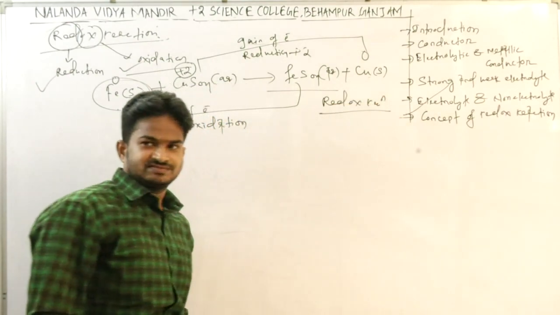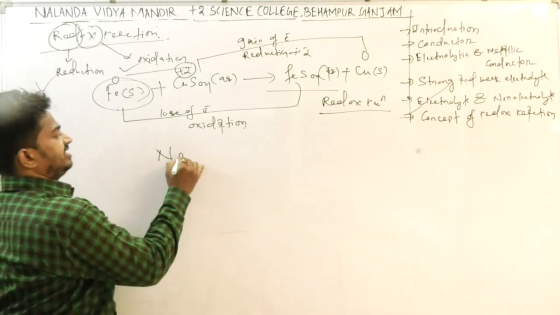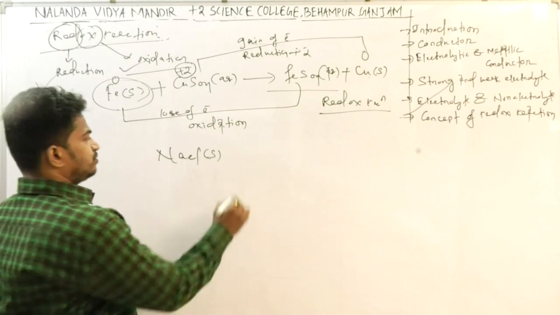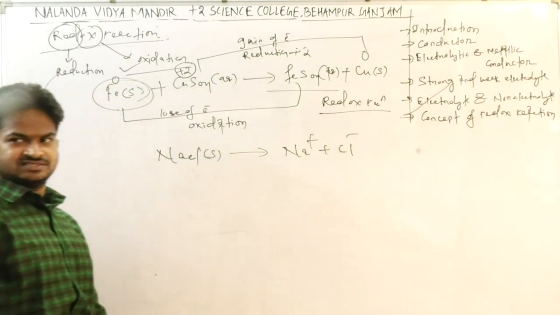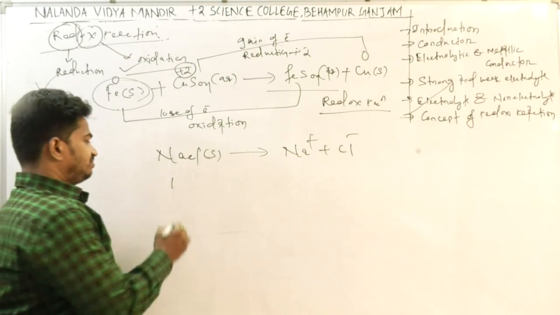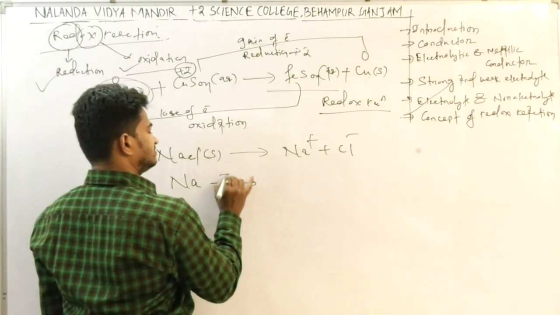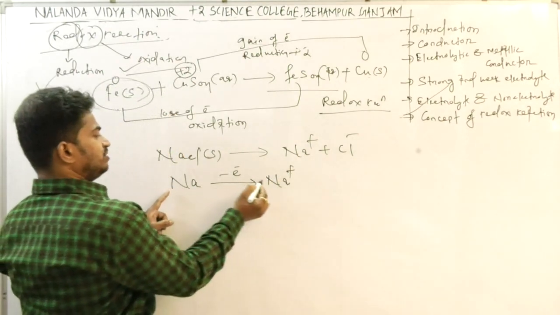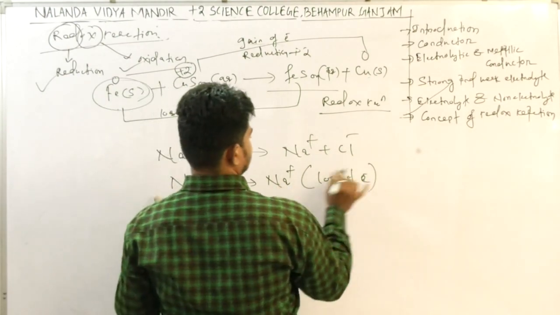It is a redox reaction. Sodium chloride, NaCl, in crystallized solid form, in aqueous conditions gives Na+ and Cl-. How does this Na+ come from sodium metal? When it loses one electron, it becomes Na+, meaning loss of electron, that is oxidation.